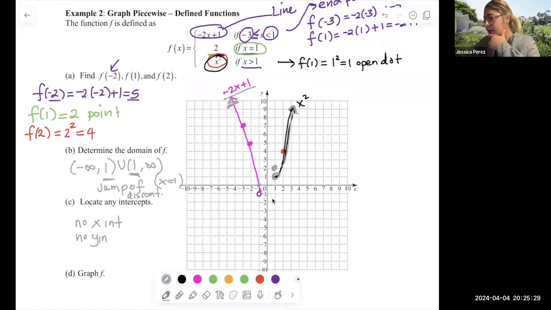If we want to find the x-intercept, looking at this equation, it can't touch 0, but it can touch this negative a half. So -2x plus 1 equals 0. If we subtract 1 and divide, we get x equals positive 1/2.